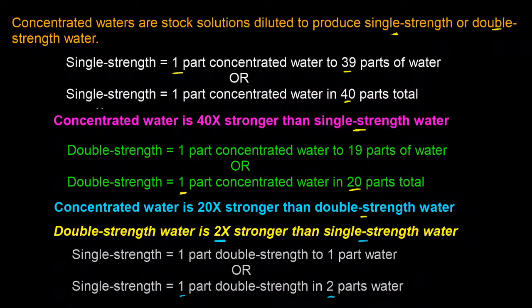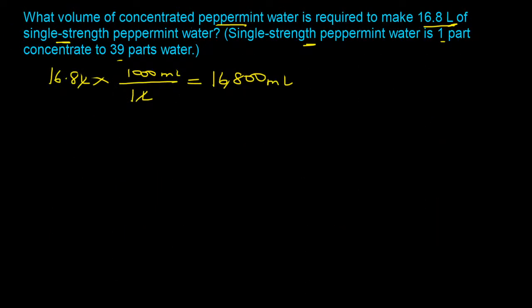If you look at this particular snapshot of all the information that you need, your concentrated water is actually 40 times stronger than your single strength. So that information is the same as 1 part of concentrated water to 40 parts of total quantity. So this information is what you are going to use to solve that question. I just felt it's important to remind you where that is coming from.